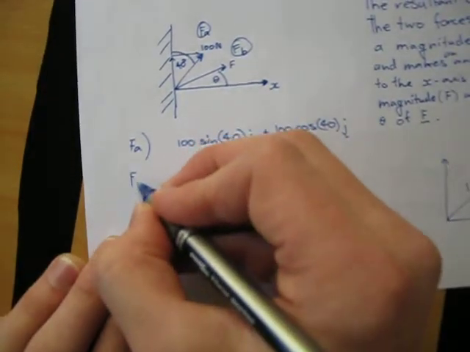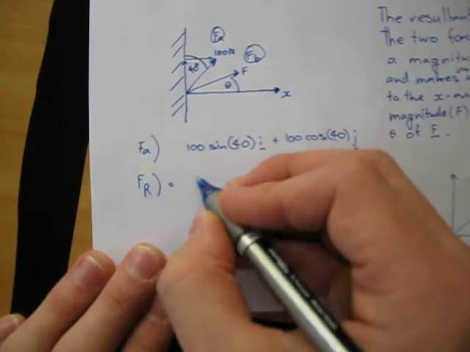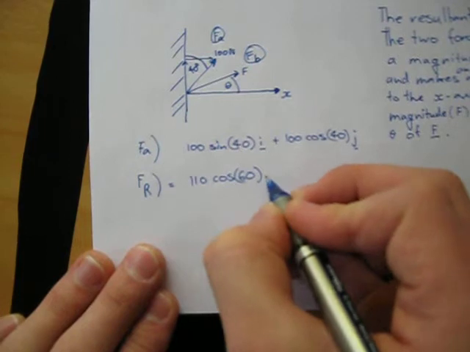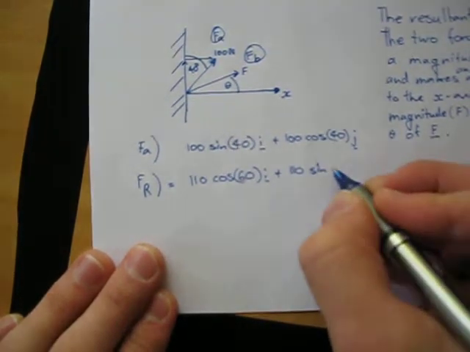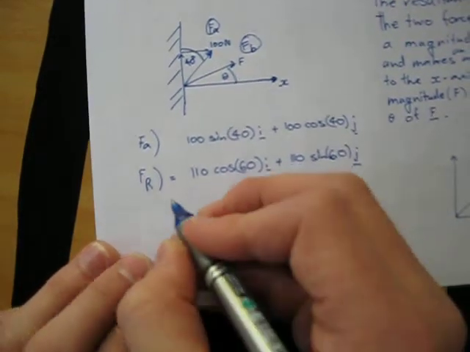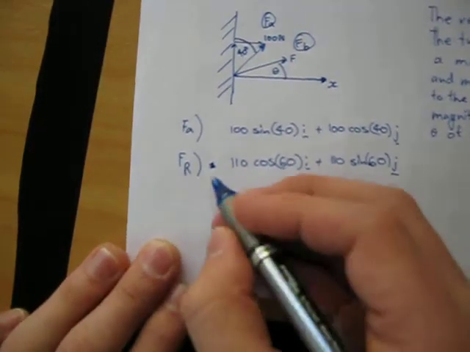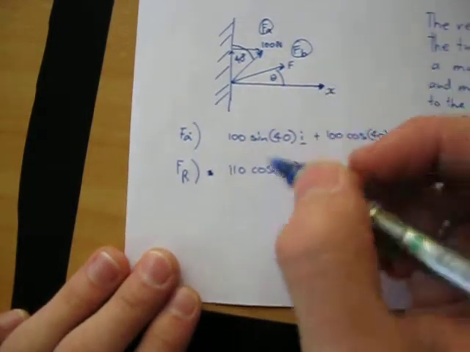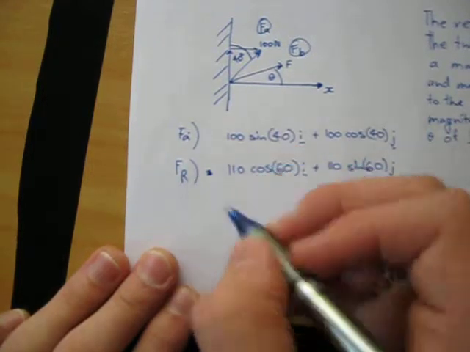Okay, so we'll go here and we'll just solve this one here. FR is equal to 110 cosine 60 I plus 110 sine 60 J. Okay, now you probably already guessed where this is going. If this is equal to FA plus FB, then quite simply to find FB we'd minus FA off FR.